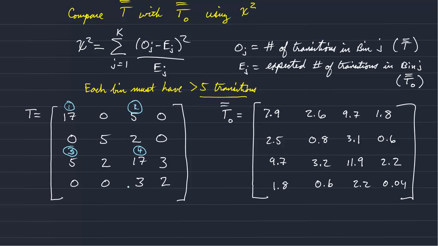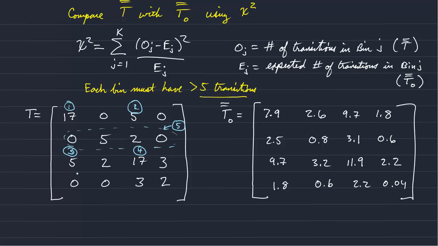Let's make bin 5 everything involving a transition from B, so this whole row will be bin 5.